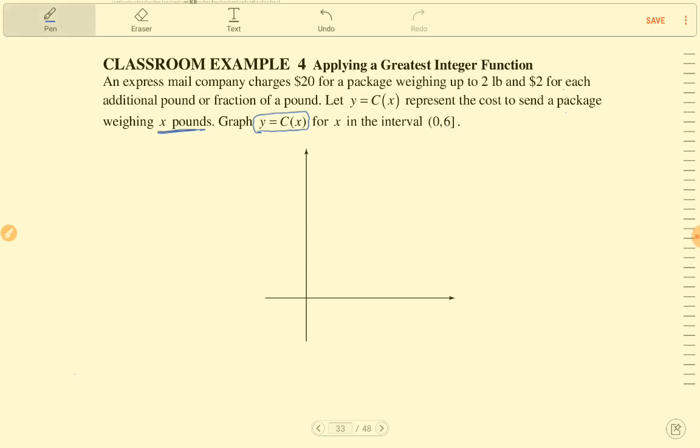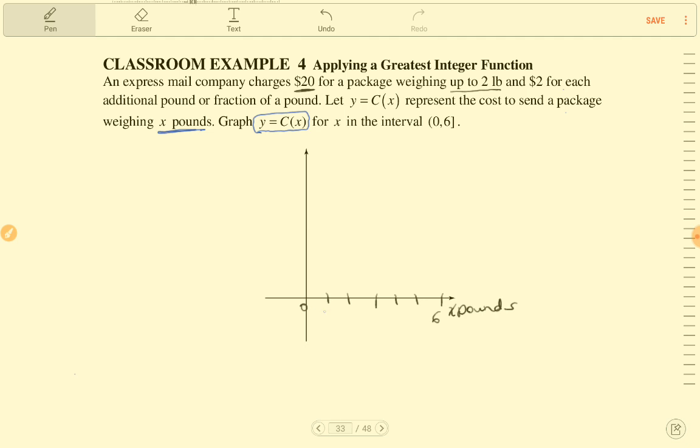Okay, so I'm going to start mapping out the axes. So the x-axis is pounds. Okay, and we can start at 0 but not include it and go all the way up to 6. So there's my pounds, and then I'm going to start at $20 for packages weighing up to 2 pounds.